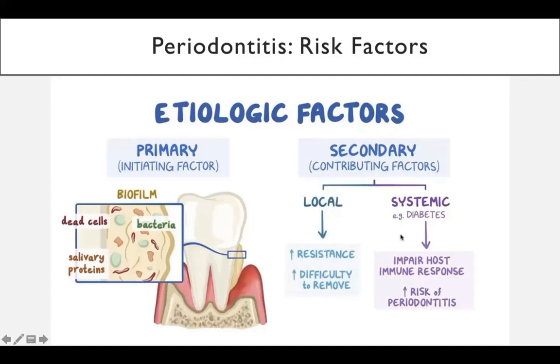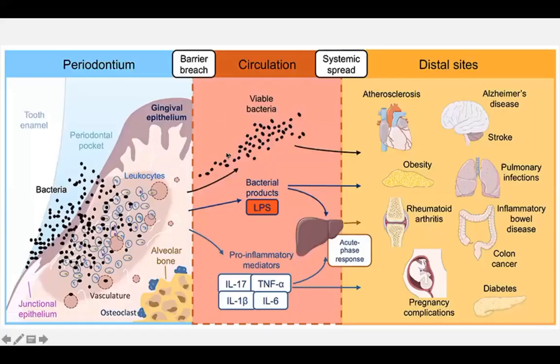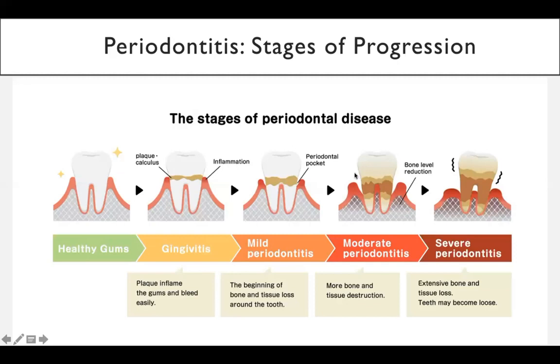And then systemic: certain diseases, certain conditions like diabetes, compromised patients, immunosuppression, even drugs can contribute to the buildup of plaque, tartar, and bacteria, leading to periodontitis. This shows how bacteria from periodontal tissues enter the circulation and can go to distal sites and cause these diseases.